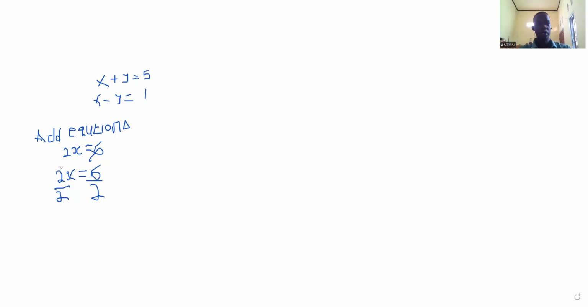So here 2 by 2 cancel each other, because if you divide 2 by 2, you get 1. And 6 divided by 2 gives us 3. So by here, x is going to stand alone, which is going to give us x is equal to 3.